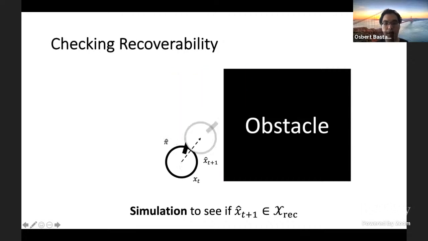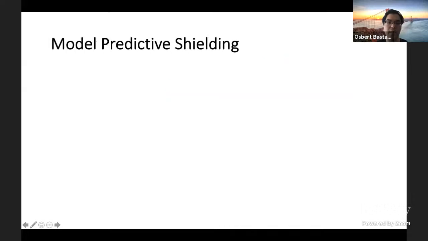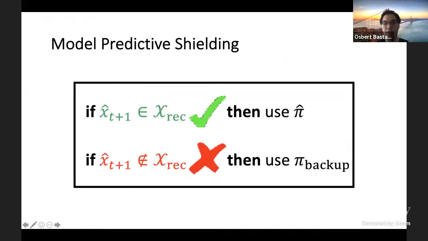If there's an accident or if we don't come to a stop, then we're not in the recoverable set. With this check, we can proceed as before. If we find that we are in the recoverable set, then we'll use pi hat. Otherwise, we'll use pi backup. So that's the basic idea behind model predictive shielding.